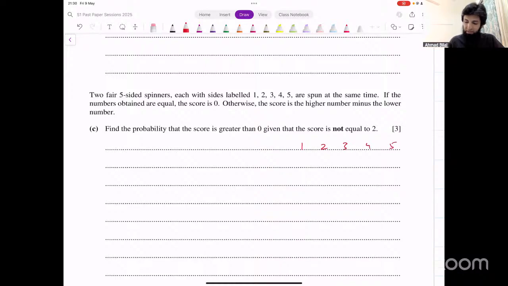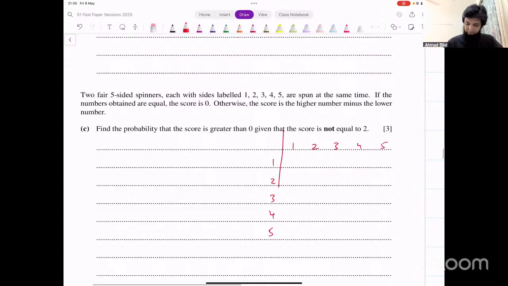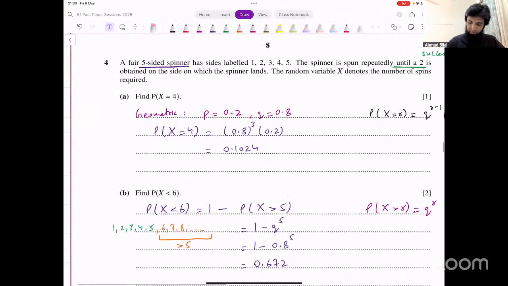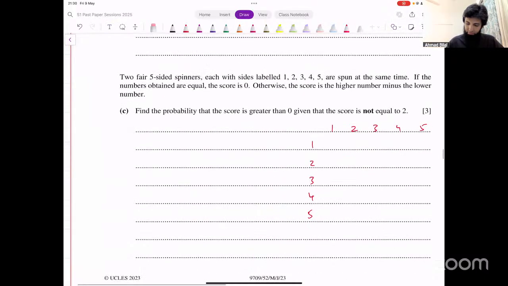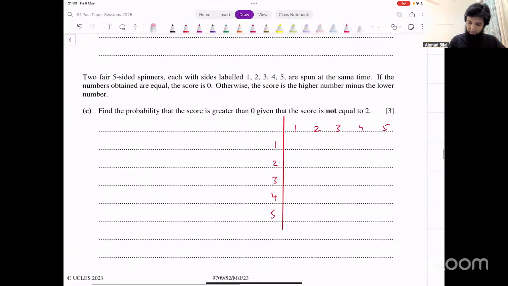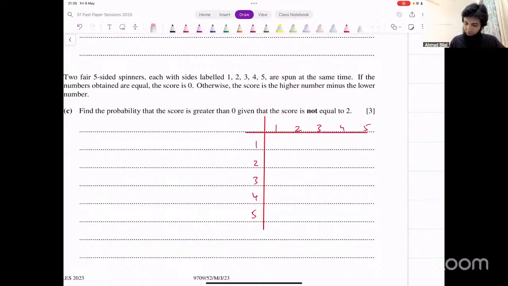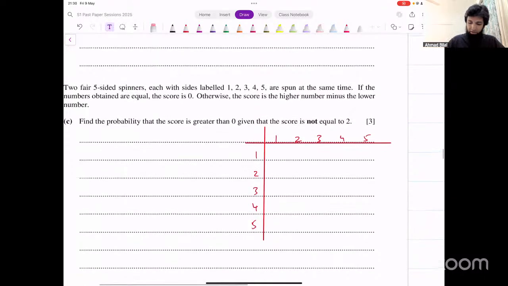On the other axis, you have numbers from the other spinner, 1, 2, 3, 4, 5. And now you have the score written inside this table.